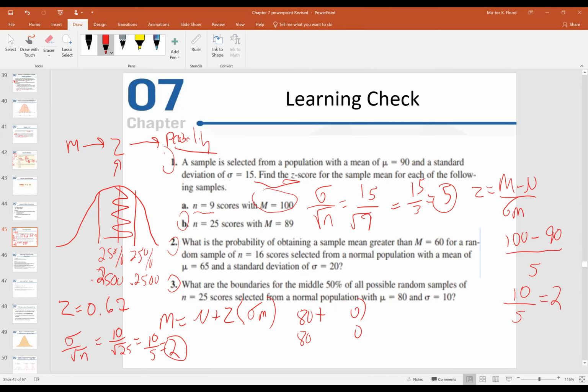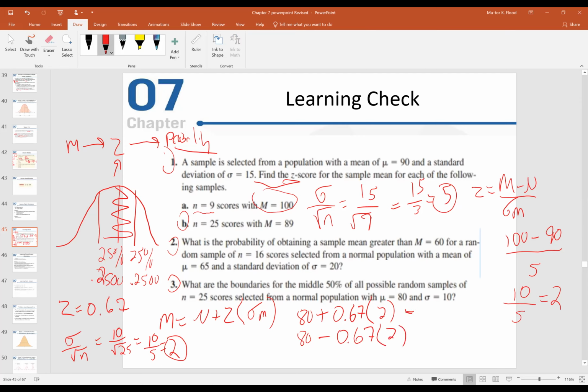Okay, sorry about that. It's going to be the z-score of 0.67 times the standard error of the mean, which we calculated was 2. And the other one is going to be minus the z-score times the standard error of the mean, which is 2.